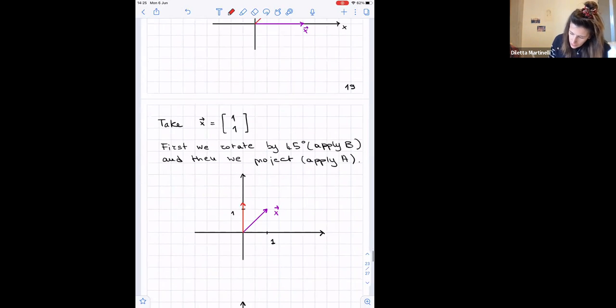If you do the computation, x is 1, 1, then what you get is Bx, that is the vector 0, square root of 2. What happens when we apply A?